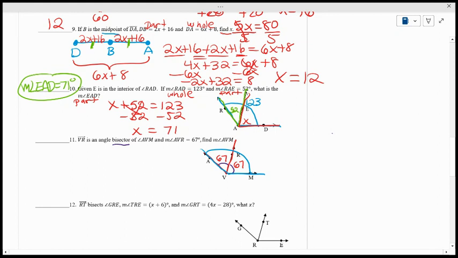Well, that's not too bad. You have the two parts. So 67 plus 67, those are the two parts, equals 134. So the measure of AVM is 134 degrees.